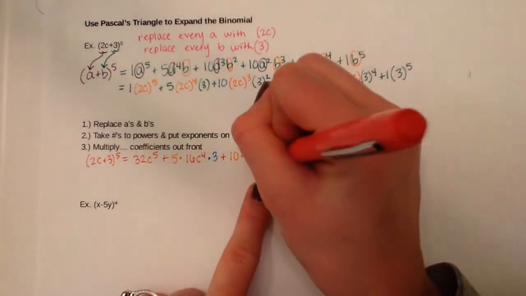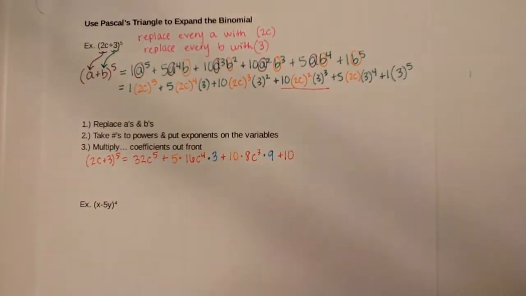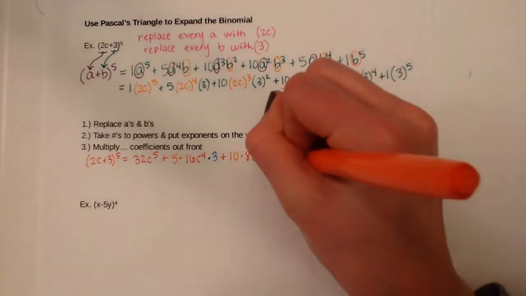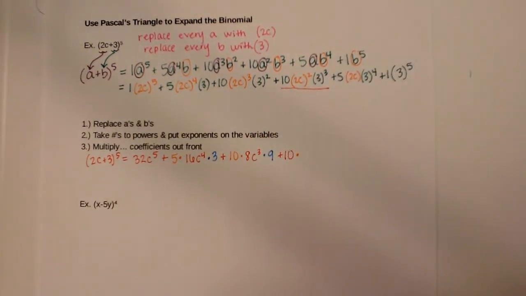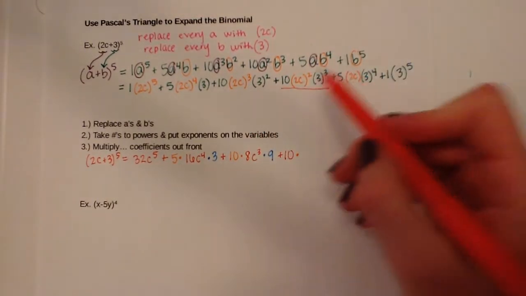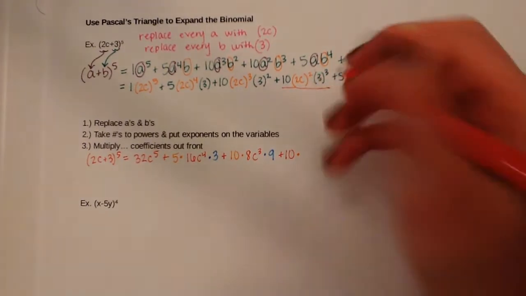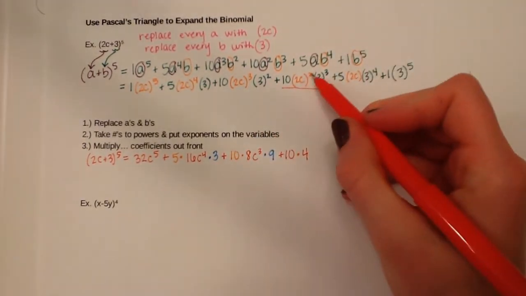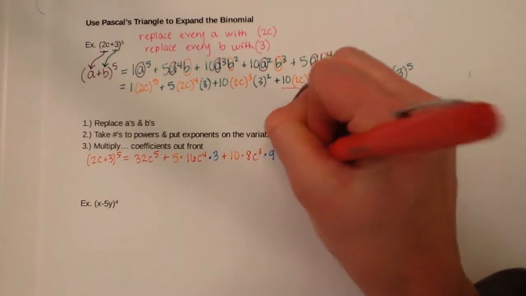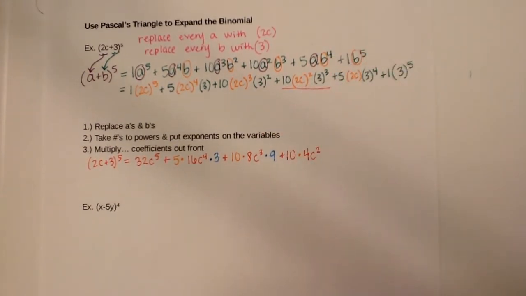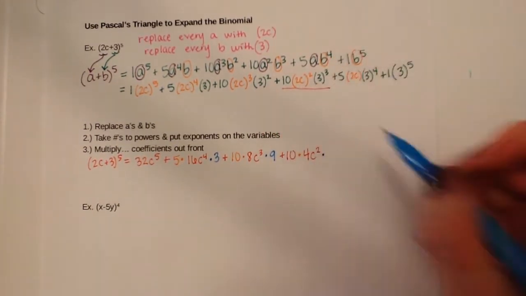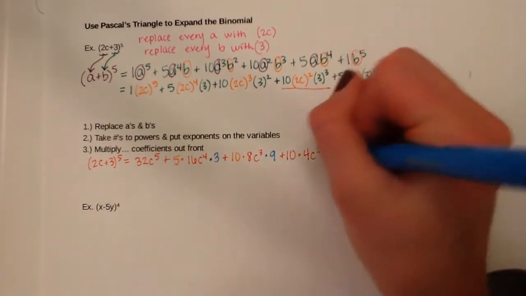So now we have plus 10 times, so now we have 2 squared, which is 4. Stick the exponent on the variable, so c squared, times 3 cubed, which is 27.